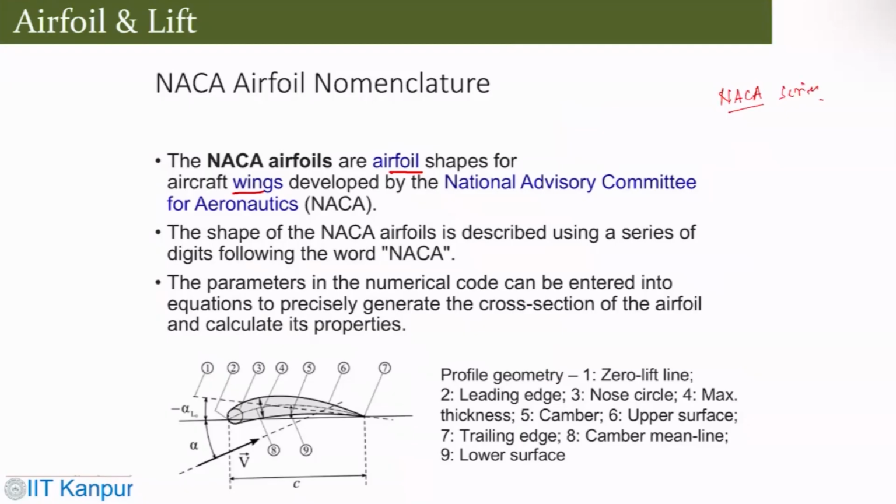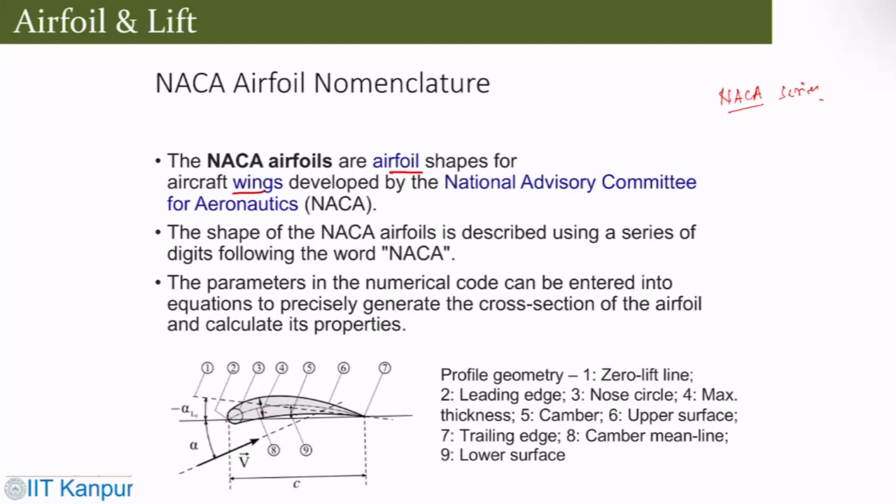And there are a few nomenclature aspects. So here, if you see, one is the zero lift line, two leading edge, three nose circle, four maximum thickness, five camber, six upper surface, seven trailing edge, eight camber mean line, nine lower surface.